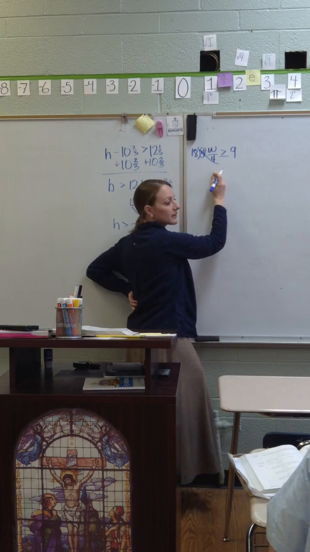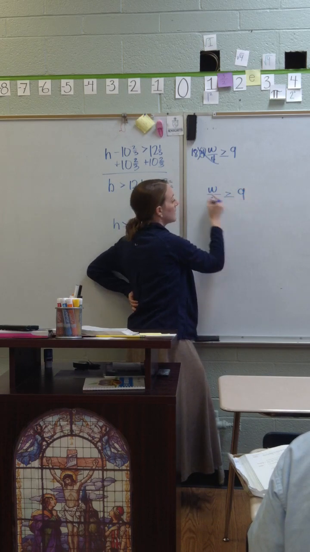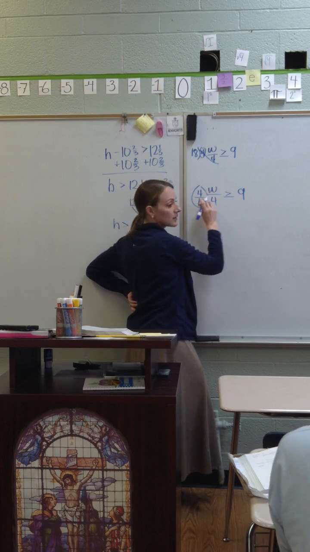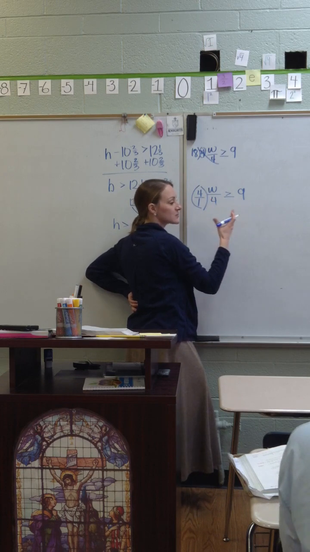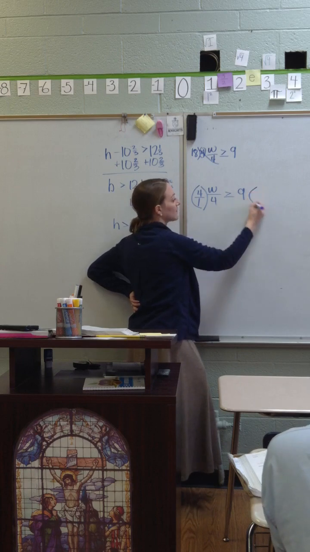Do you remember that? Alright, let me show you. So I have W over 4 is greater than or equal to 9. I'm going to multiply this side by 4 over 1, because I'm going to multiply it to get my denominator to be 1. I'm not canceling it out, it just becomes 1. And anything divided by 1 is itself. But in order to do that, I have to multiply this side by 4 over 1.